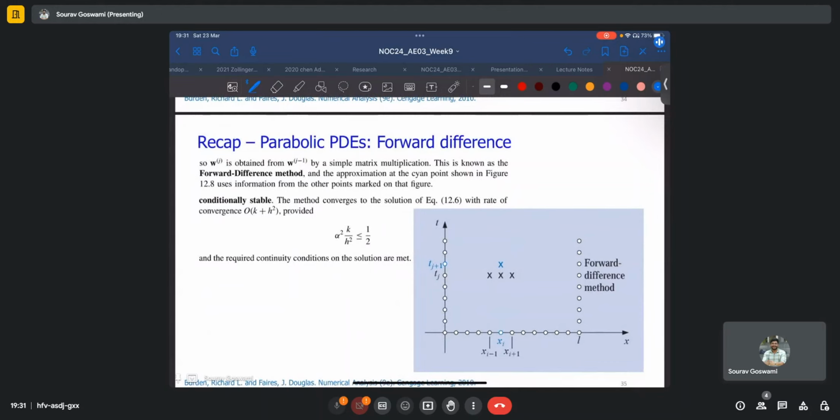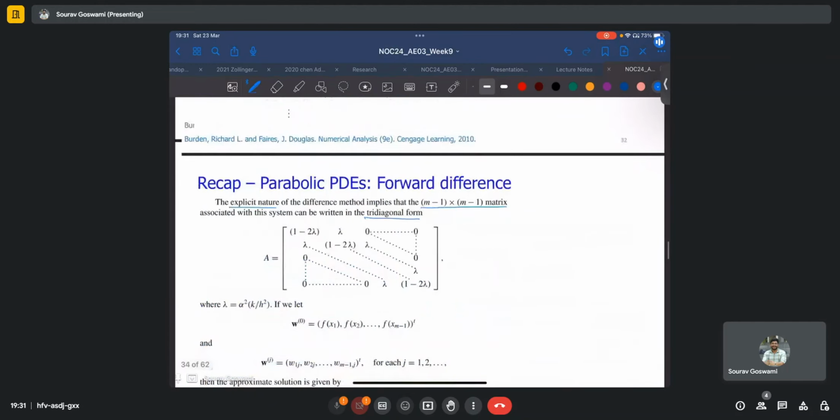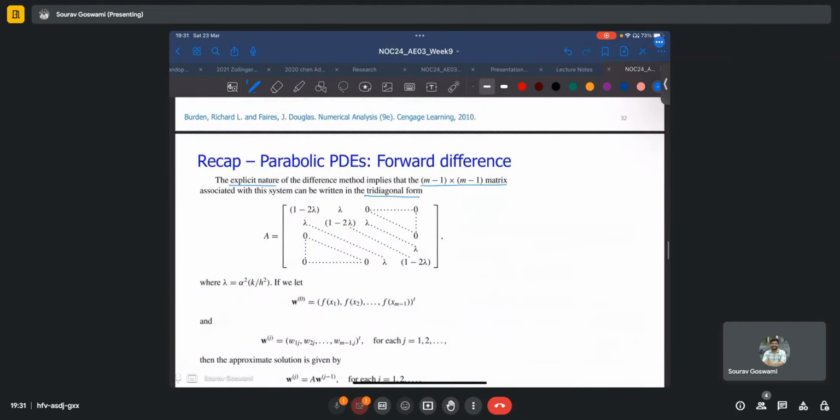This method is conditionally stable. We already examined how the forward difference scheme might not always be stable, and the method will converge to a solution with the rate of convergence of the order of k plus h squared, provided the quantity alpha squared k by h squared is less than or equal to half. Alpha was defined here.